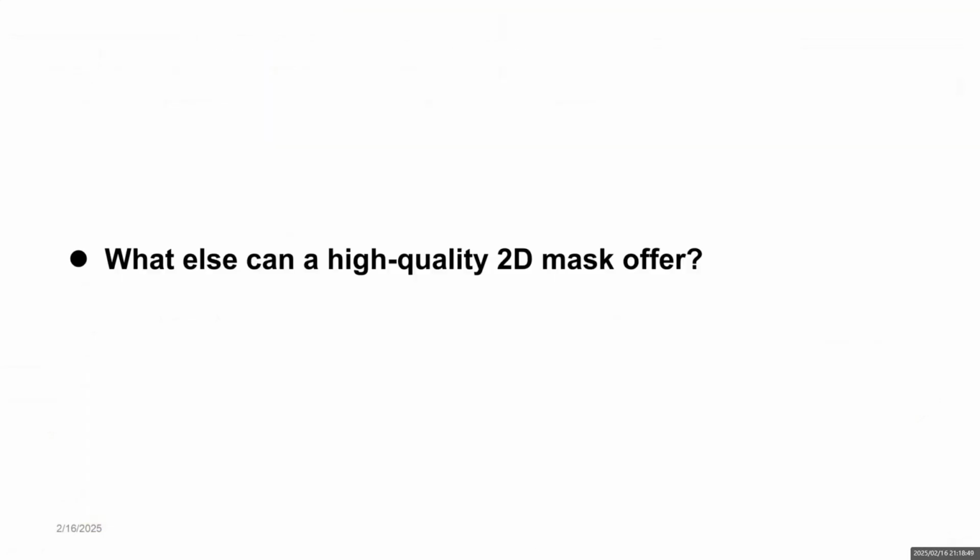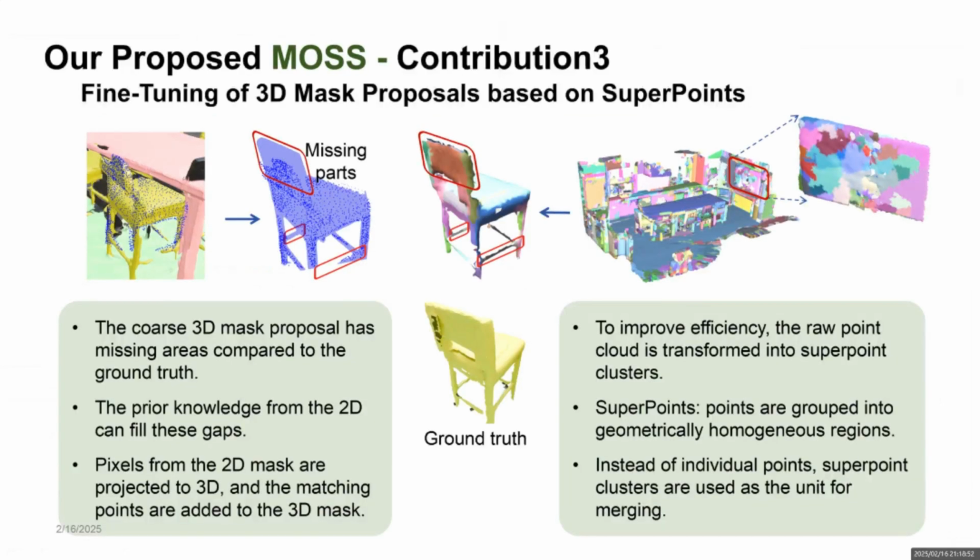What else can a high-quality 2D mask offer? This is our third contribution. The coarse 3D mask proposal has missing areas compared to the ground truth, which can be filled using prior knowledge from the 2D mask. Pixels from the 2D mask are projected to 3D space, and the matching points are added to the 3D mask.